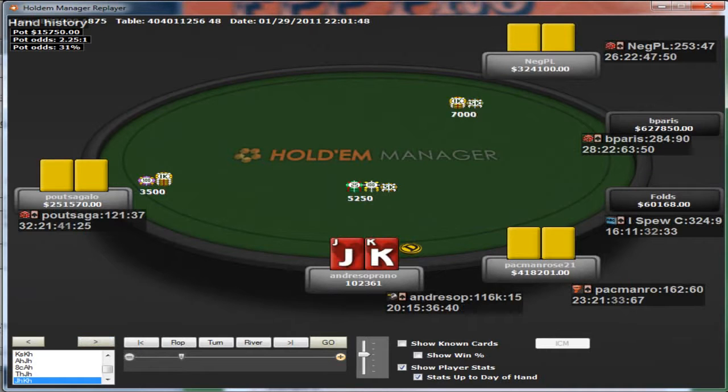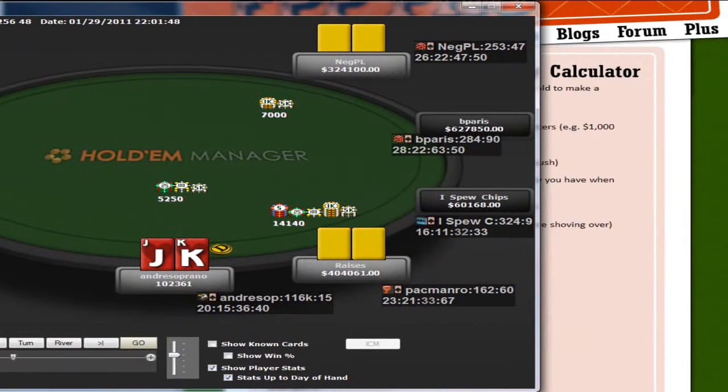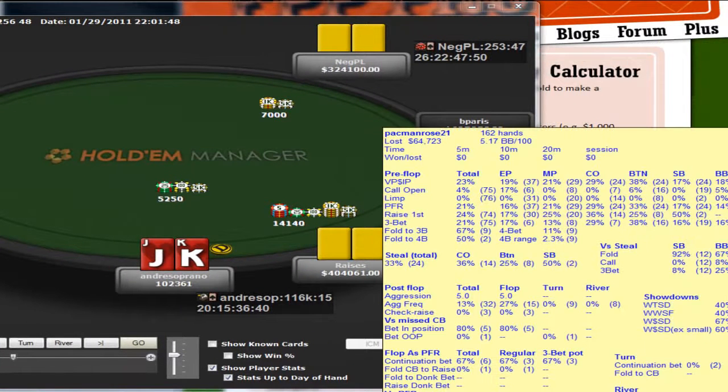We have a player opening on the cutoff. And this player on the cutoff, when it's folded to him, I'm going to move again the screen. When it's folded to him on the cutoff, he raises first 36% of hands.